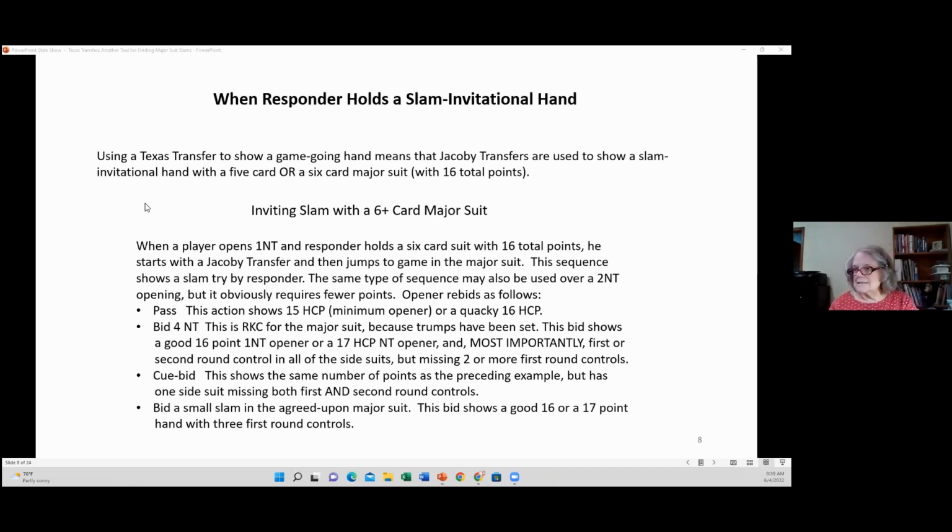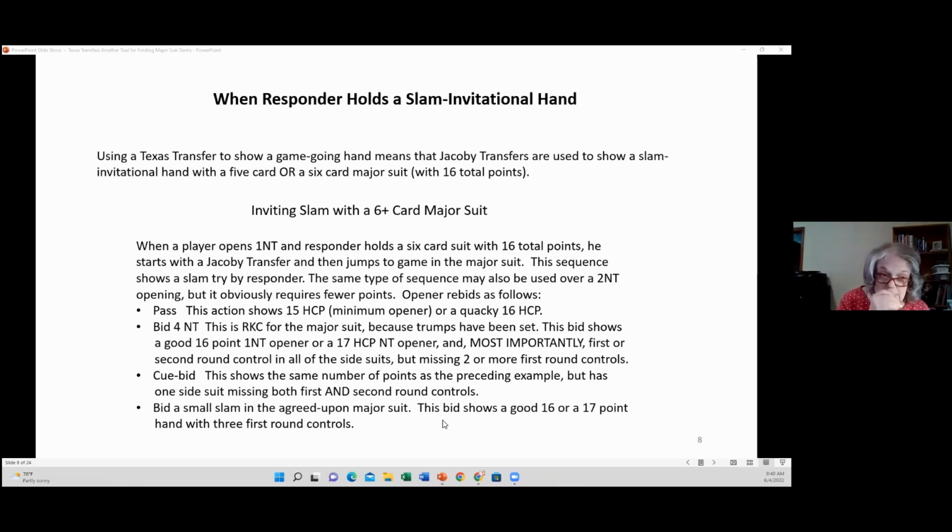Now, the last thing that opener can do is just bid the slam without bidding any key card, anything. It shows a good 16 or the full maximum 17 points and 3 first round controls. That means partner's going to have 3 aces in his hand at least.